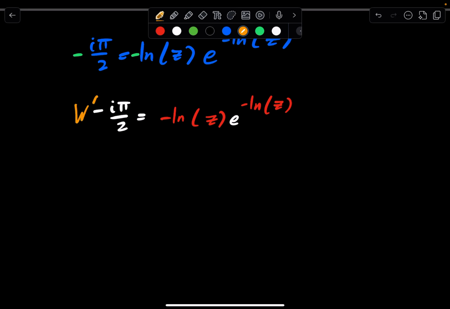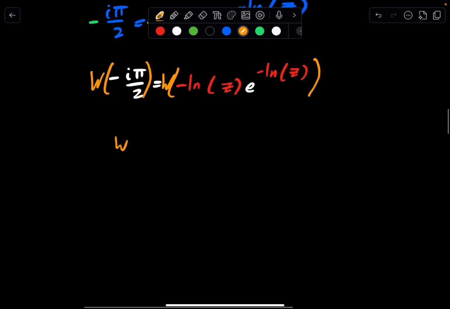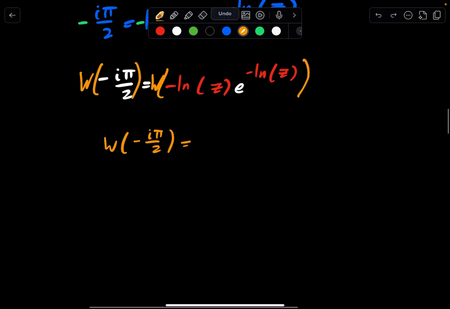So Lambert W. We get the Lambert W of negative i pi over 2 is equal to, remember, this is the form we just studied in the definition of the Lambert W. This returns negative ln of z, just like that.